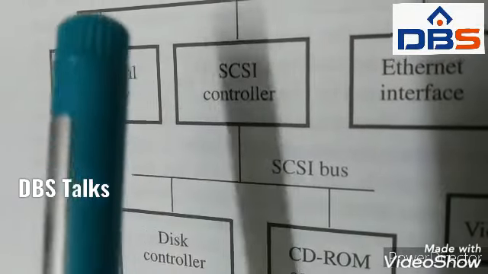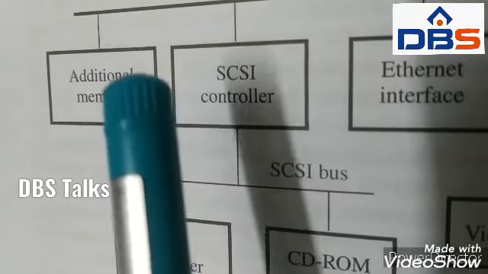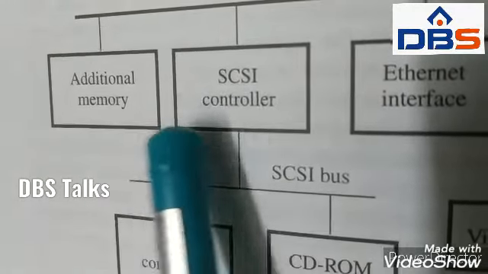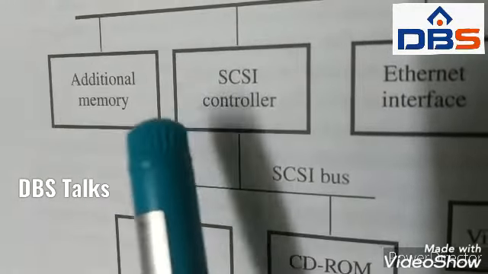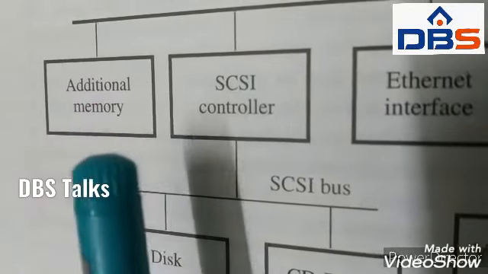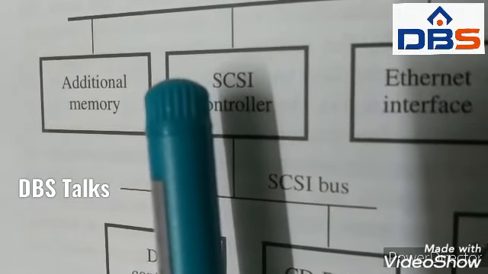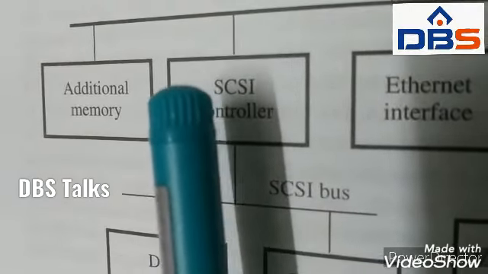Alternatively, a wide SCSI bus has 16 data lines and transfers data 16 bits at a time. And finally, it uses single-ended transmission, where each signal uses one wire with a common ground.